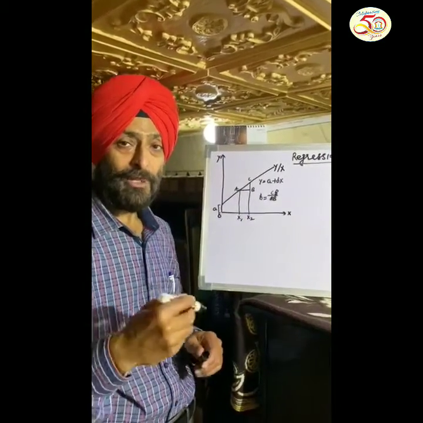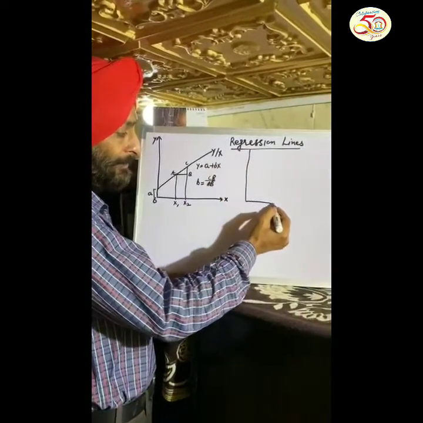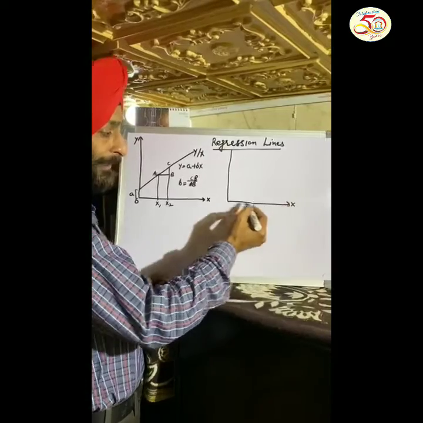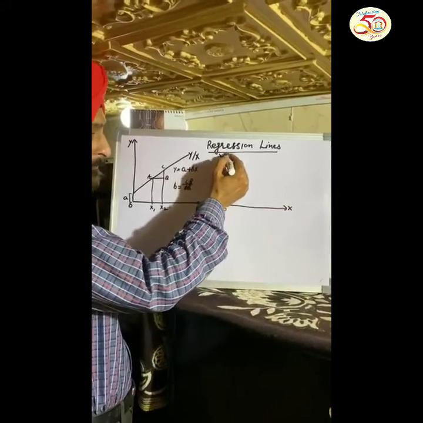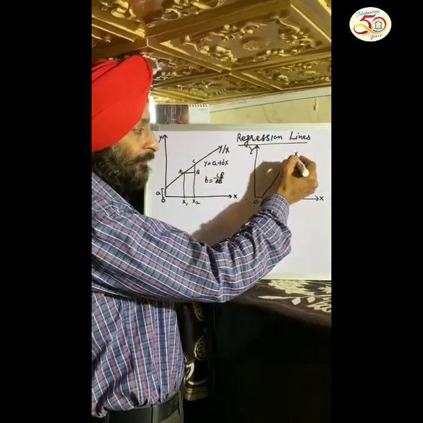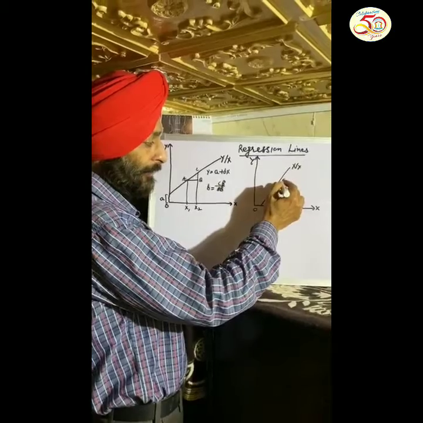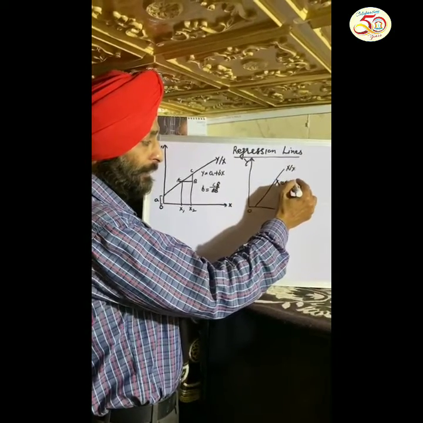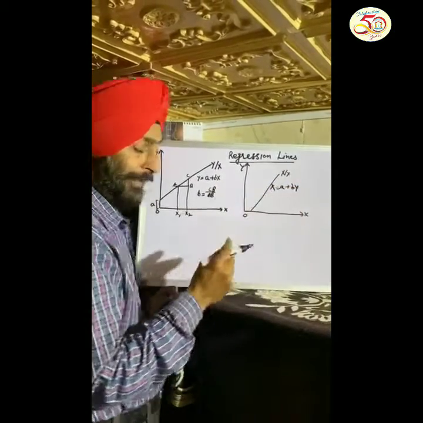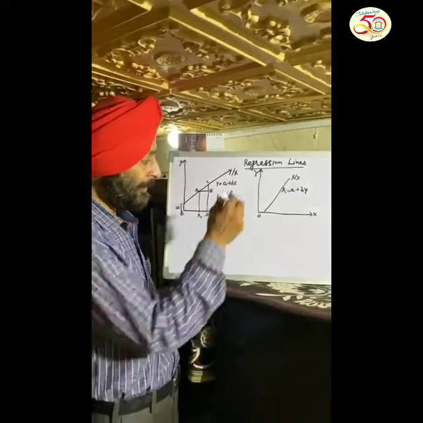Similarly, we can derive another line that is called the line of x on y. So this is variable x, this is variable y, and this will be the line of x on y. Here, the point to be noted is that x = a + by. That is, x is dependent and y is independent. a is the intercept.